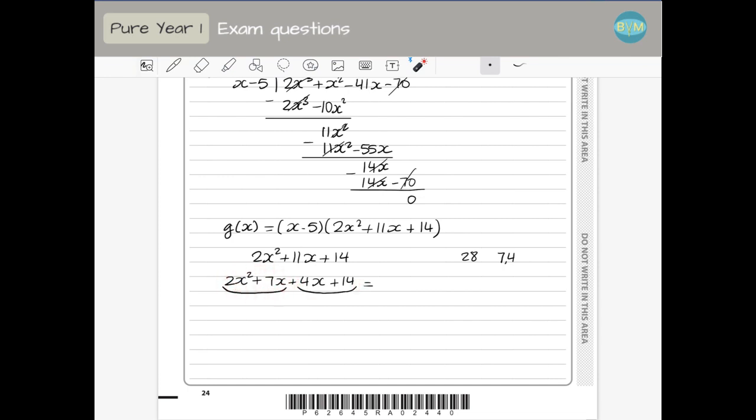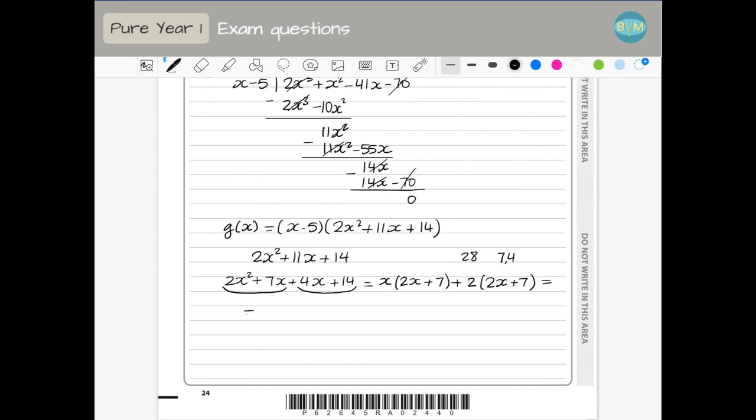And I'm factorizing this. The only thing I can factorize is the x. So I have x multiplying 2x plus 7. And the other I can factorize just by dividing by 2, so 2x plus 7. These factors are going to be always the same, which means I can write 2x plus 7 multiplied by x plus 2.